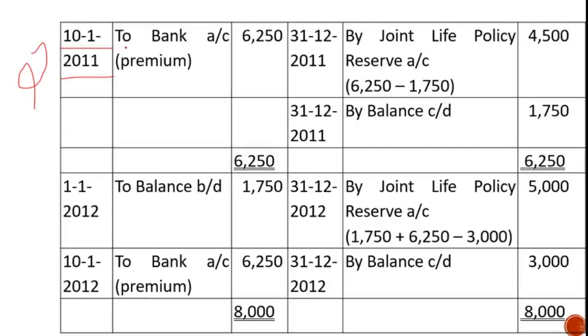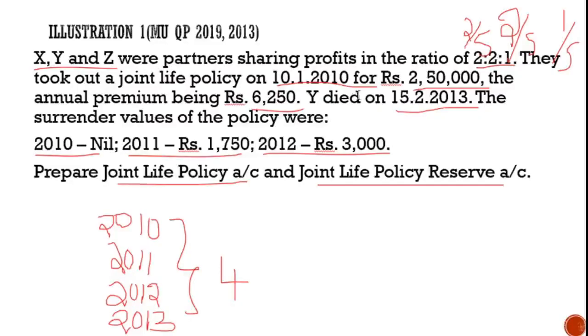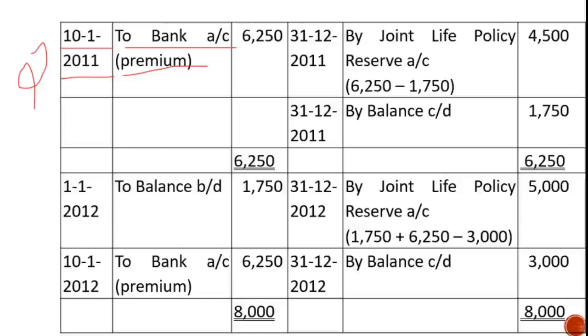In the second year, on the same date, the premium is to be paid. In the problem it is said 10/1/2010. So in the second year, the premium will be paid on 10/1/2011, that is 6,250. So at the end of the year, 31/12/2011, record as by joint life policy reserve account 6,250 minus the surrender value.